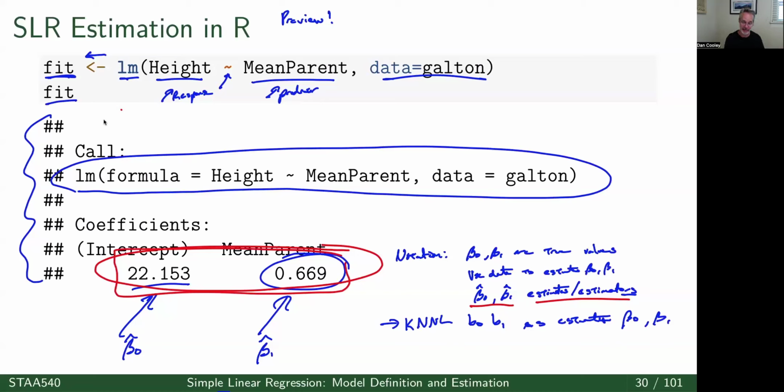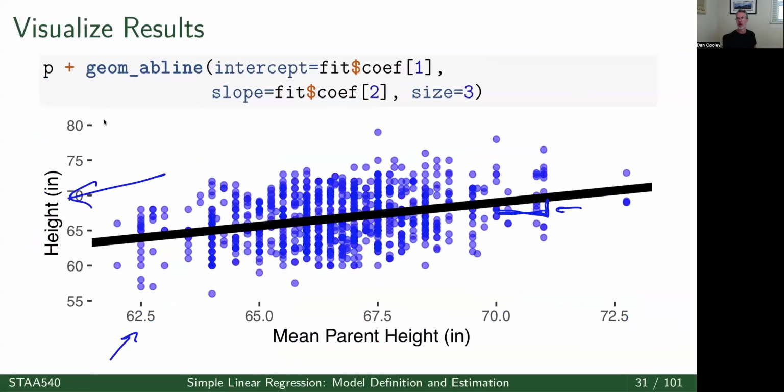Okay, so there was a lot here. We talked about this being a preview because we haven't talked about what is going on behind the scenes. We talked about notation, and we saw some R syntax. What comes out from that is our line of best fit, and then we can use a command like this, or we can do something more simple.